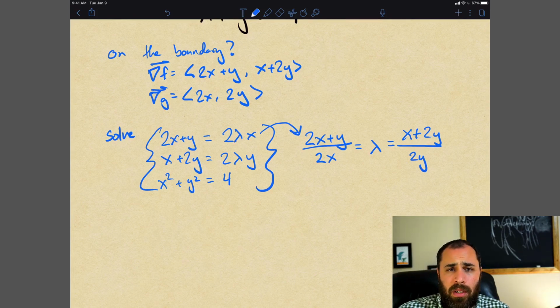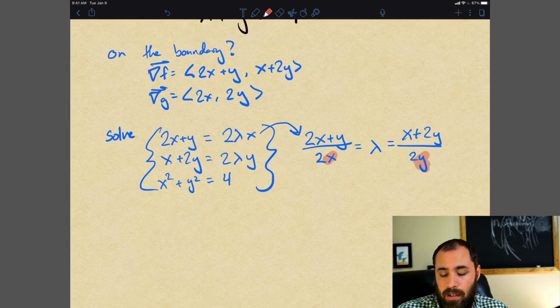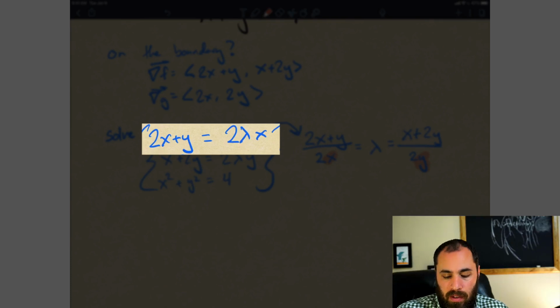And some red flags should be going up saying, wait a second, you've got x and y in the denominator. That's trouble because x could be 0 or y could be 0. And you're absolutely right. But if you look at that first equation, if x were 0, then it follows that y would also have to be 0.